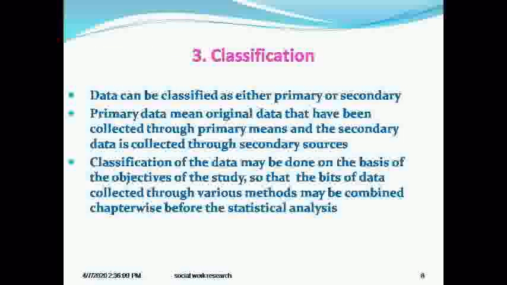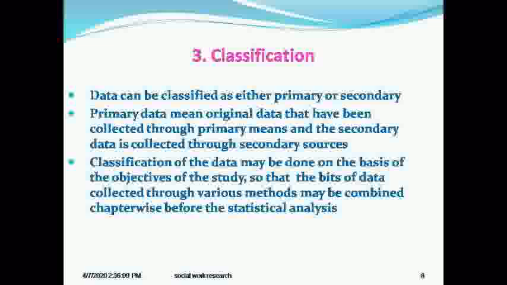Classification means data need to be classified. First, as primary and secondary. Primary data means the original data that have been collected through primary means. And the secondary data is collected through secondary sources.